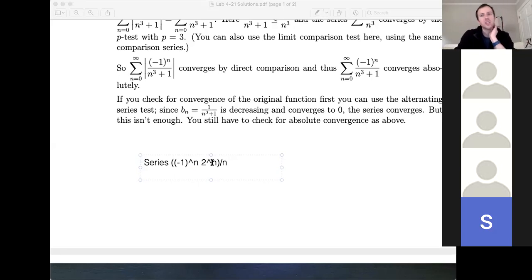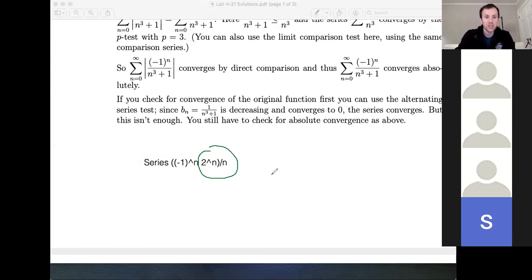So in this case, if you looked at the non-alternating part, so if you looked at just 2 to the n divided by n, that goes to infinity. And so the alternating version also diverges. And if the terms of the series diverge, if the sequence diverges, it also diverges when you try to add them up.